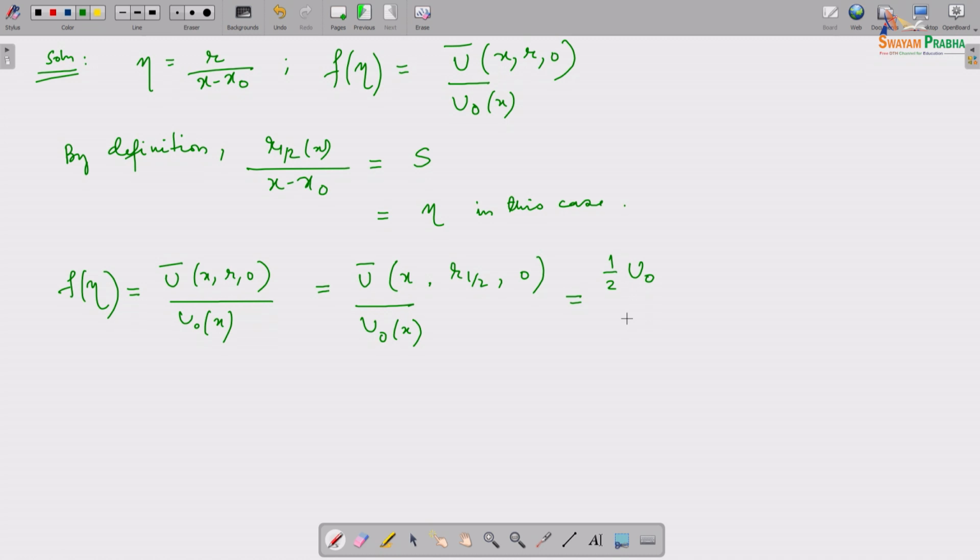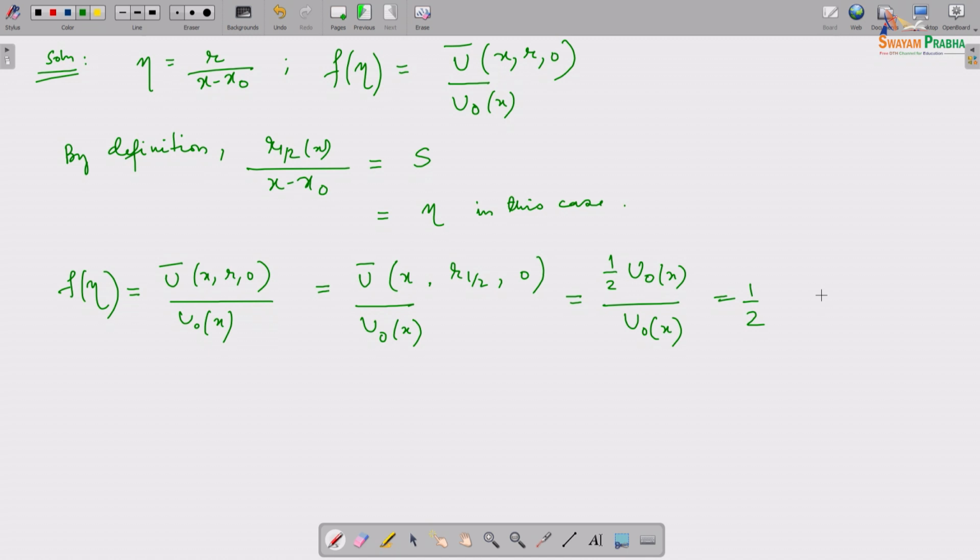We have derived this earlier, that is from definition. So therefore this is equal to half.